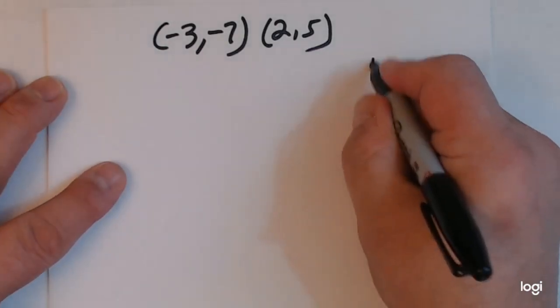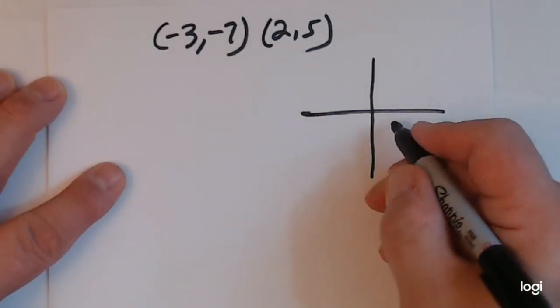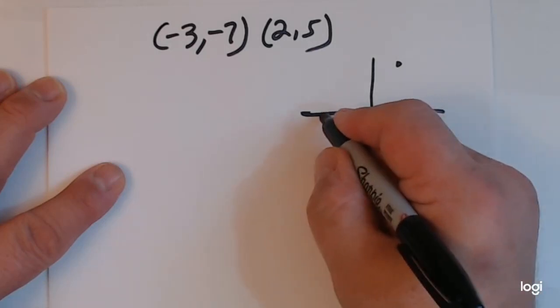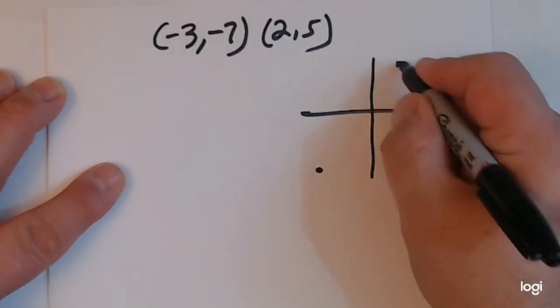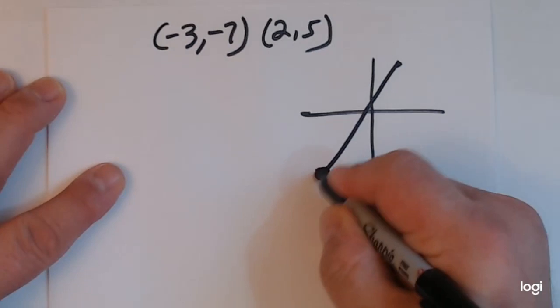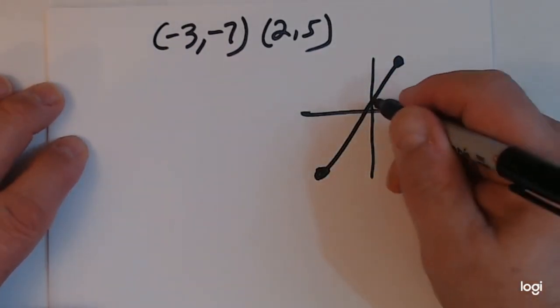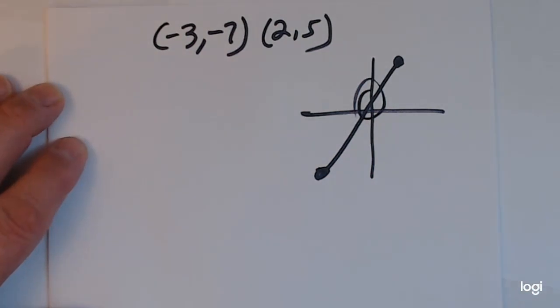So there's 2 points. If we graph them, 2, 5 would be up here, -3, -7 would be down here. So our graph would look something like this. Our midpoint's going to be around here someplace.